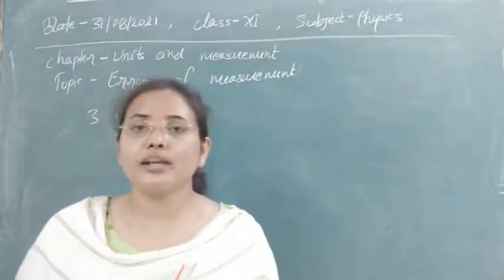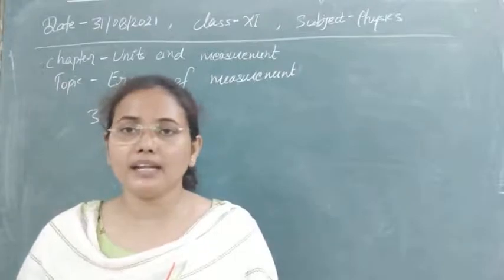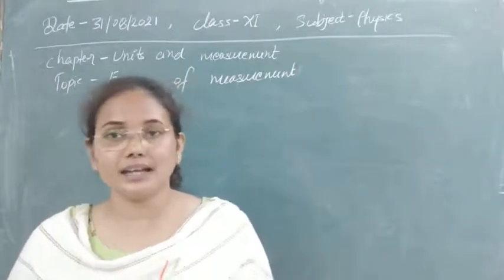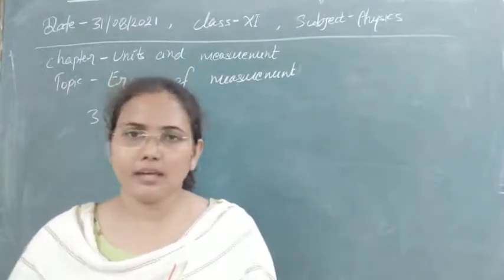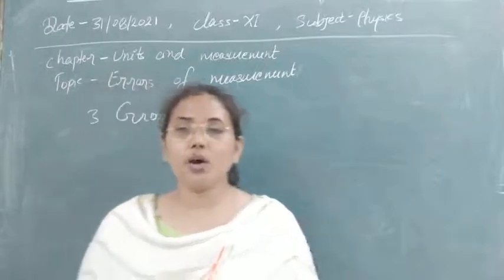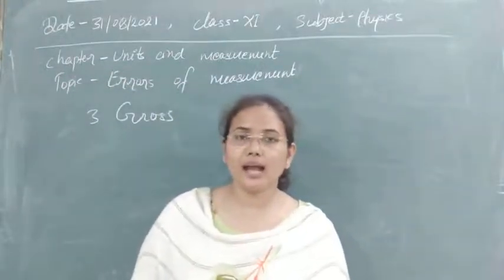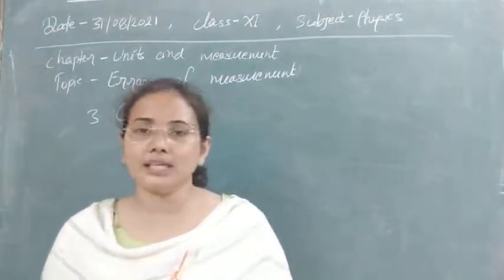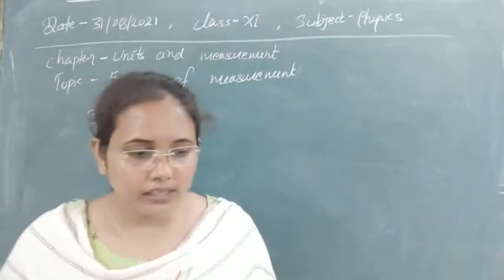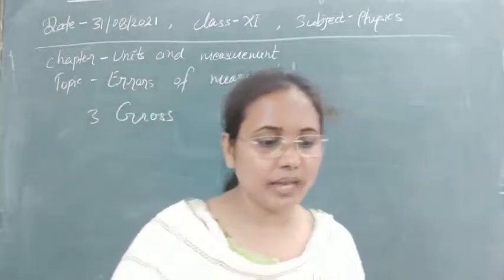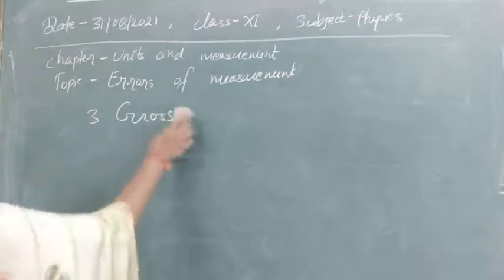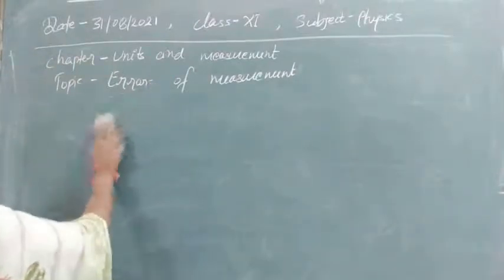If you are not mentally alert and sincere when doing experiments, gross errors may arise. So these are all three types of errors, and I have told you how to minimize them. Now let's see some types of mathematical errors, and how to actually calculate errors.